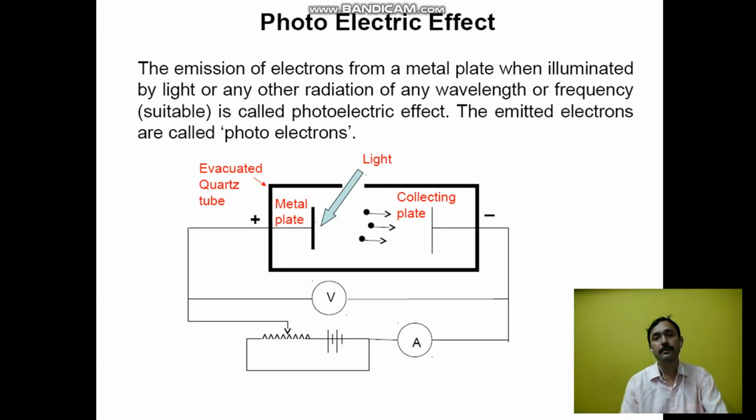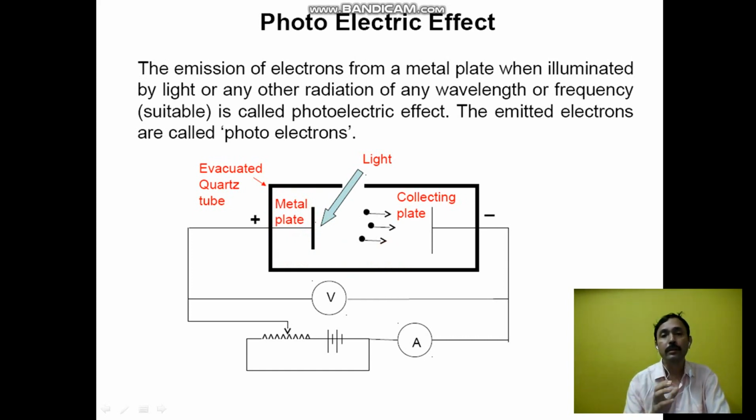If we increase the potential here, then the negativity of the collecting plate will increase. So increasing the negativity of the collecting plate, it will bar the electrons coming from the metal plate to the collecting plate.